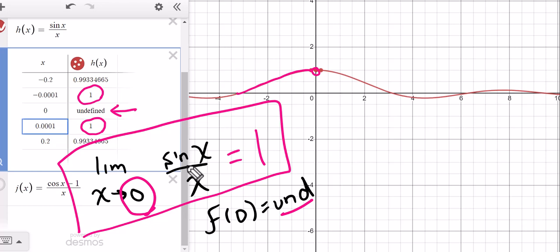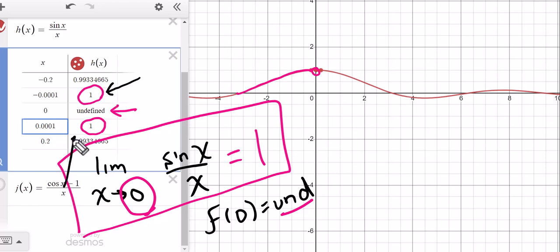Now, so we went ahead and used a calculator, right? We closed this gap. We made this as close as possible to the 0 that we're interested in, right? The 0 coming from here. And we pretty much did it in such a way that we pretty much tricked Desmos into telling us what the limit is. So notice that from the left, it's approaching 1.